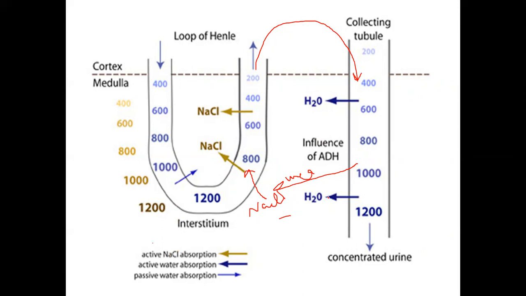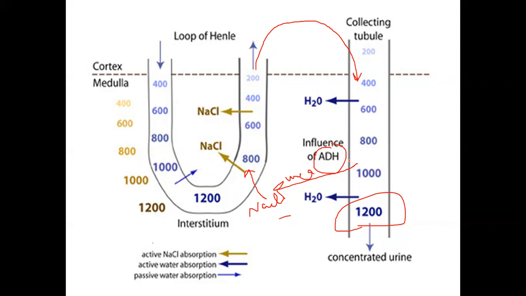One more point you have to note: 1200 milliosmolarity occurs only when there is a need to pass concentrated urine. So this occurs under the influence of the hormone ADH, antidiuretic hormone. So when we have to produce concentrated urine, then this ADH will act on the collecting duct.